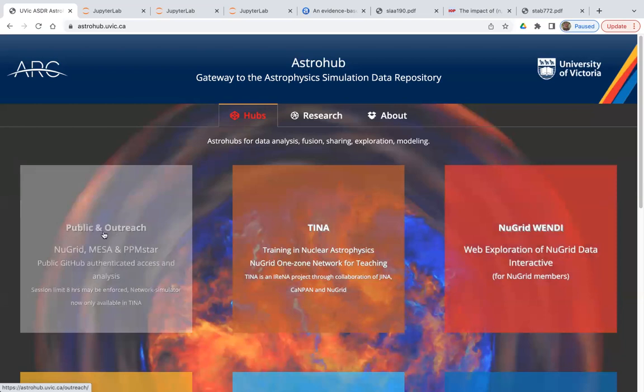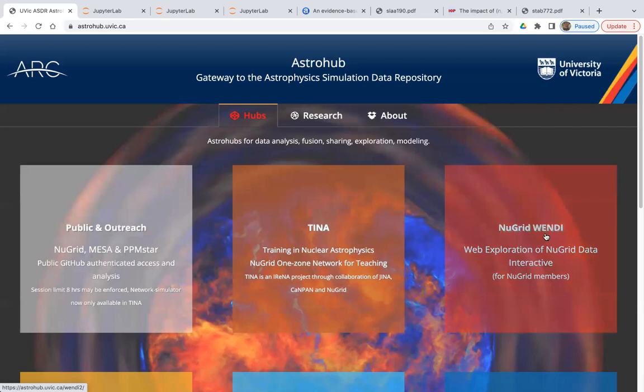And even if you are not a NuGrid member, you can still access public and outreach. So therefore, you can run MESA nova evolution computations with interesting nucleosynthesis using this gateway. I'm not going right now to go to public and outreach.